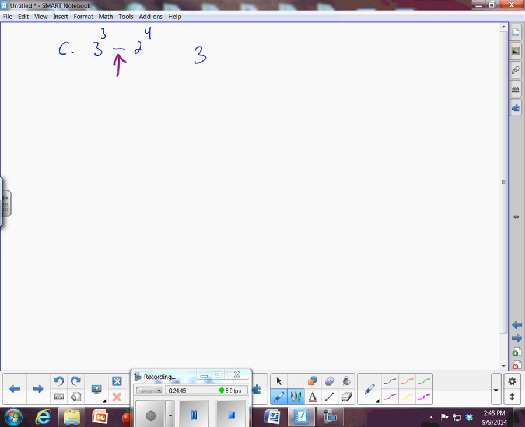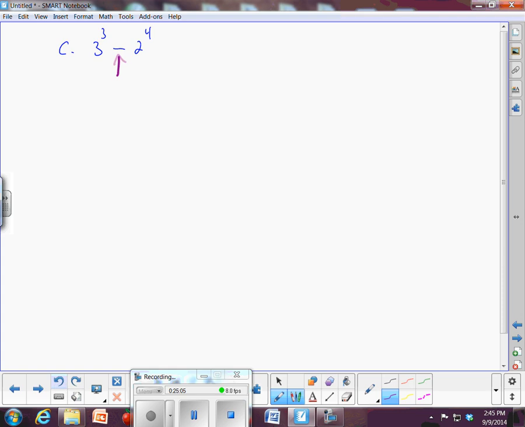Don't write this, just look. See, here the negative is part of the base. But in our original, it is not. This problem right here is a multiplication problem. Our problem is an addition problem.